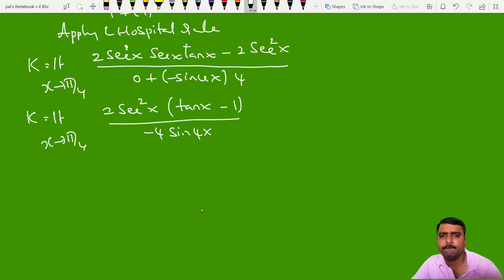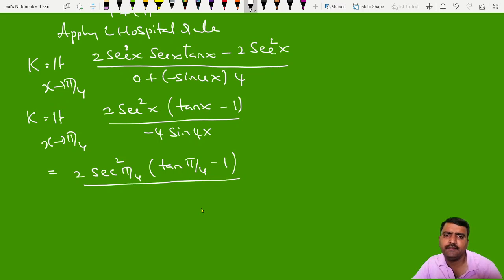Okay, again you apply the limit, which is equal to 2 secant square pi by 4 into tan pi by 4 minus 1, divided by minus 4 into sin 4 pi by 4.